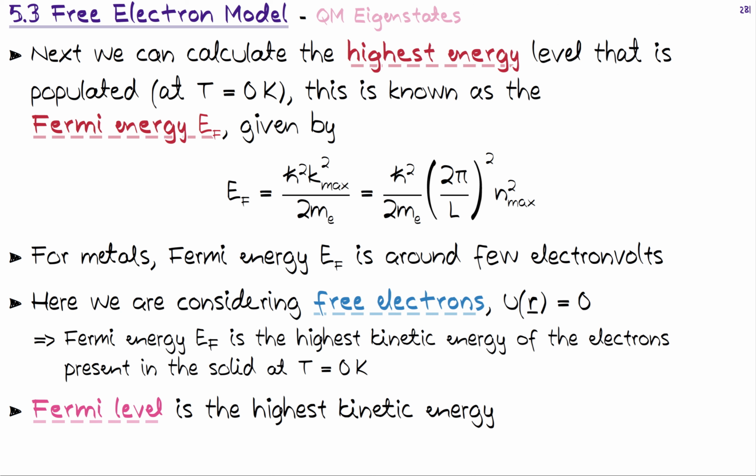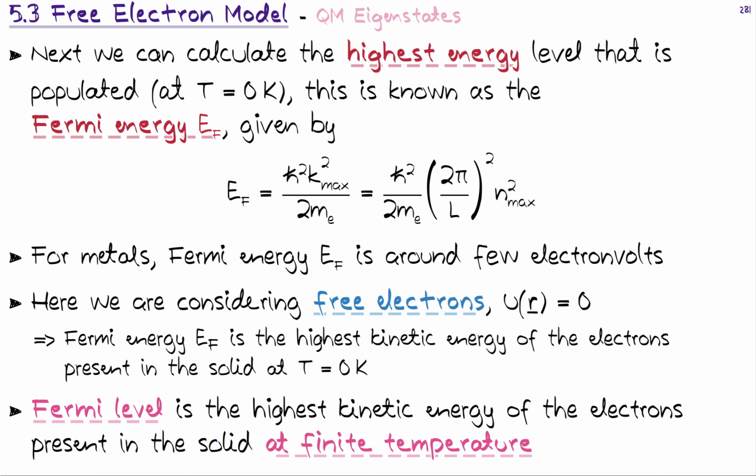And please remember that if we speak of the Fermi level, then that would be the highest kinetic energy associated with the electron present in the solid at a given finite temperature. So not at 0 Kelvin anymore, but at some finite temperature, let's say 50 Kelvin or room temperature, whatever, but not at 0 Kelvin. That's restricted to the Fermi energy.